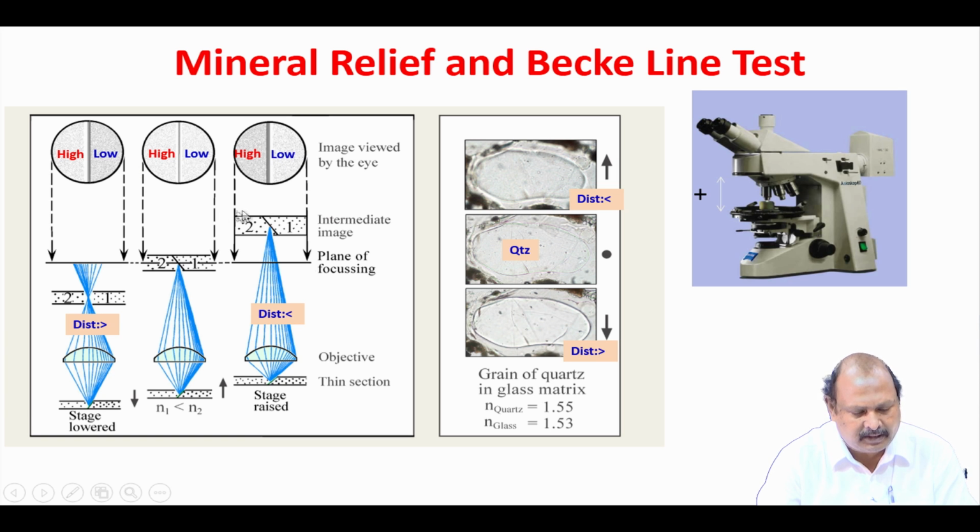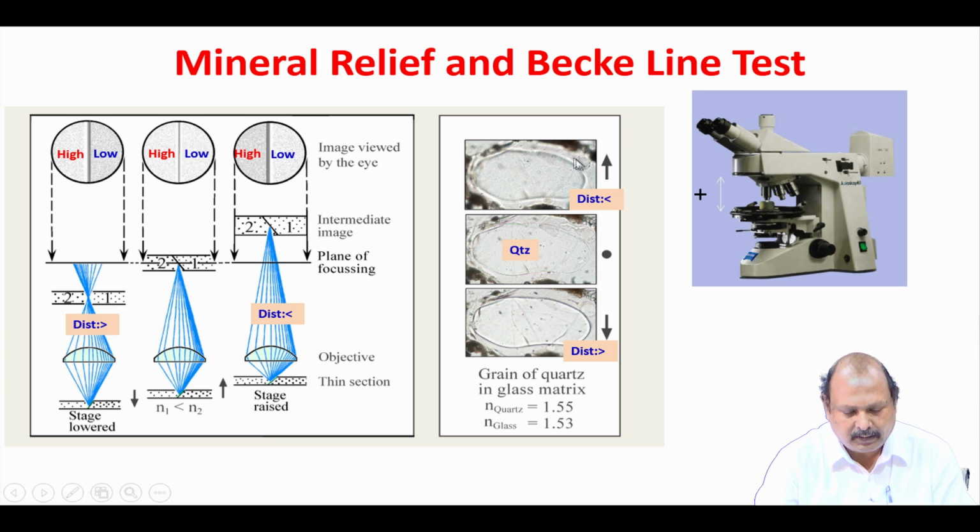So, this is essentially what we call the Becke line test, and this is shown by a picture here, where quartz is surrounded by glass. Glass has a refractive index of 1.53 and quartz has a refractive index of 1.55. When the distance is decreased, you see that the Becke line moves away from quartz and moves towards the glass.